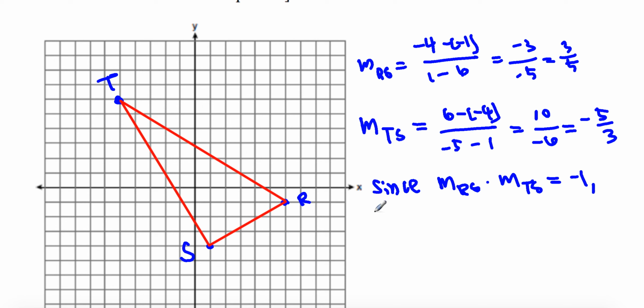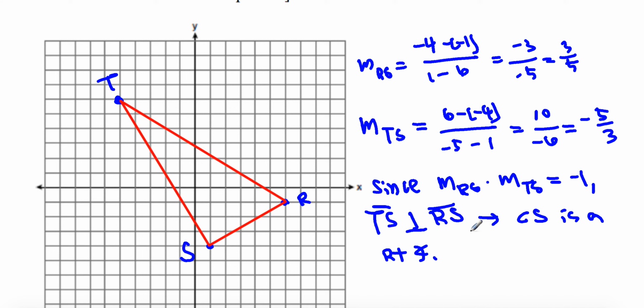We know that TS is perpendicular to RS, which leads to angle S being a right angle. Therefore, triangle RST is a right triangle. All right, so we proved the first portion.